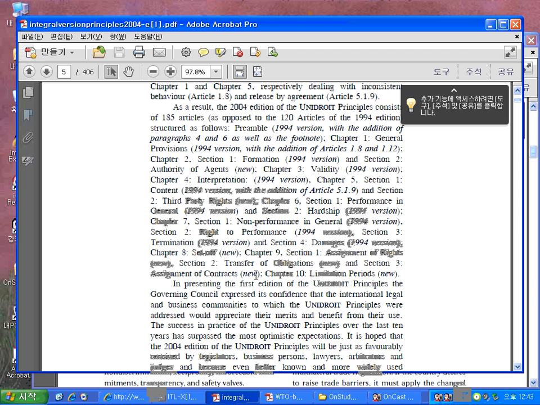Another source of law may be found in the long years, decades of work endeavored by the International Chamber of Commerce.